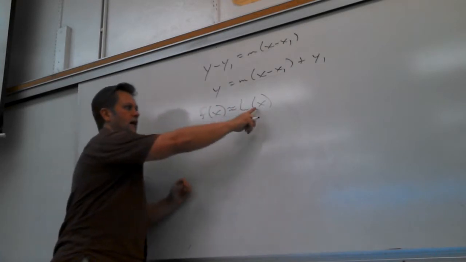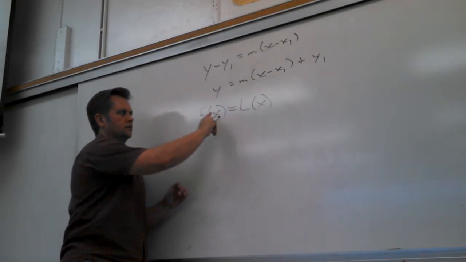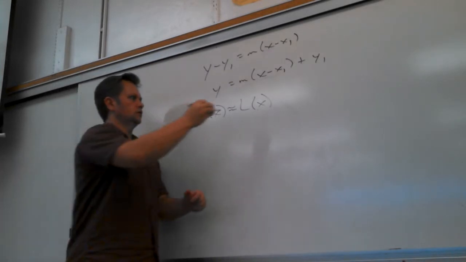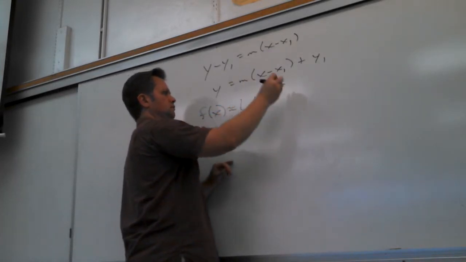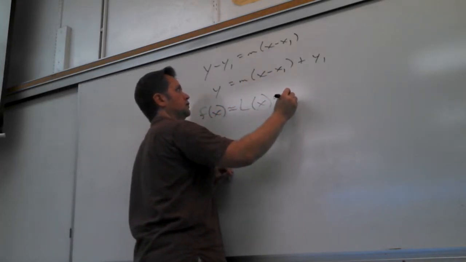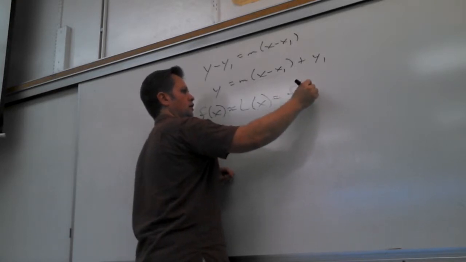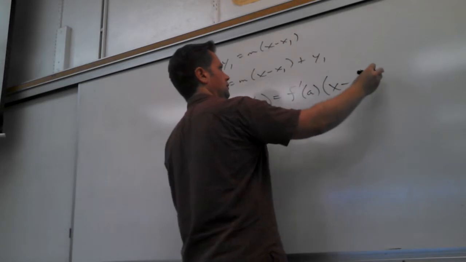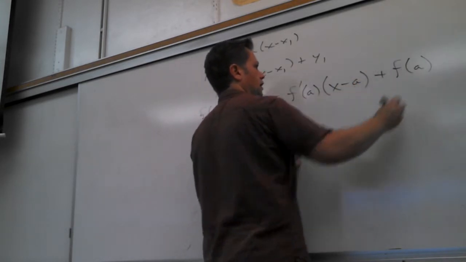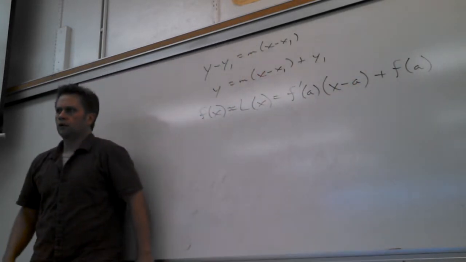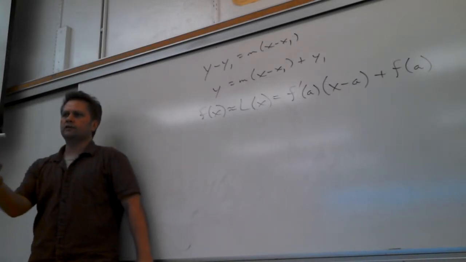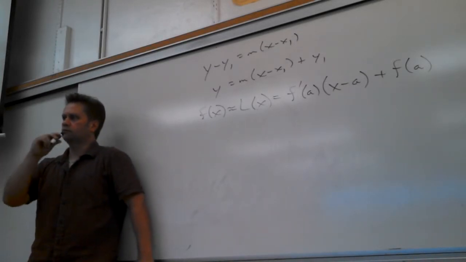So we're going to come up with a line that approximates the function close to some value a. So this is equal to m, which is better known as the derivative at the point, times x minus the point, plus the output at the point. Cool. So you got to know this. And you already came into this class knowing it before we even reached derivatives.